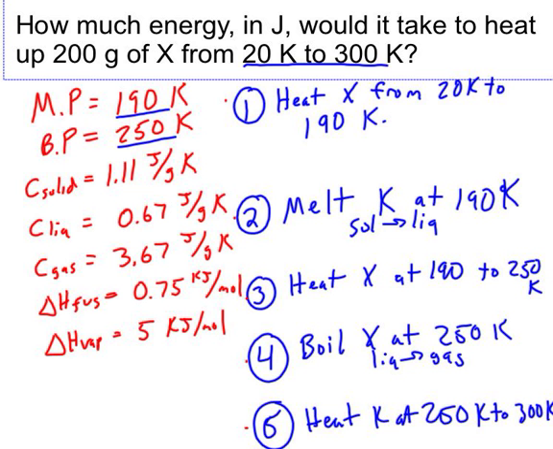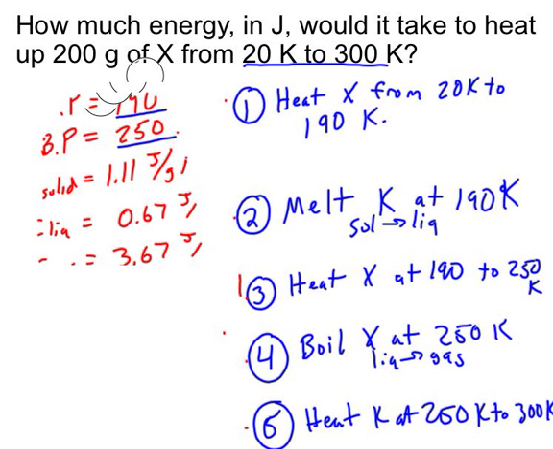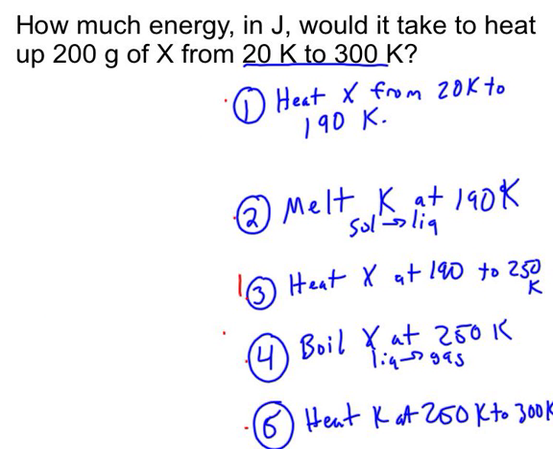So the first thing I'm going to do is heat X from 20 K to 190 K. I'm going to erase this area here so that we have some room for that. Since this is a change in temperature, I'm going to need to use Q equals m times c times delta T. This is a solid. The mass is 200 grams, so that's never going to change.